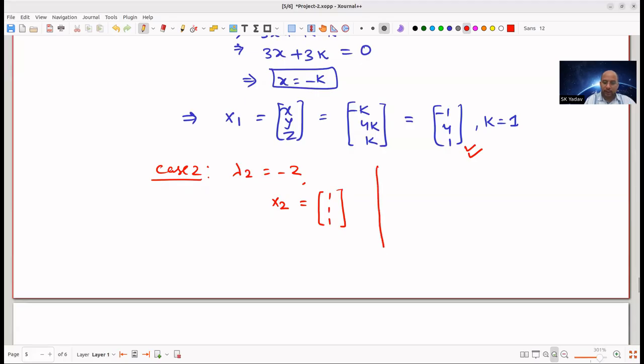And for case 3, lambda 3 equal to 3, the eigenvector is 1, 2, 1. These are for k equal to 1.